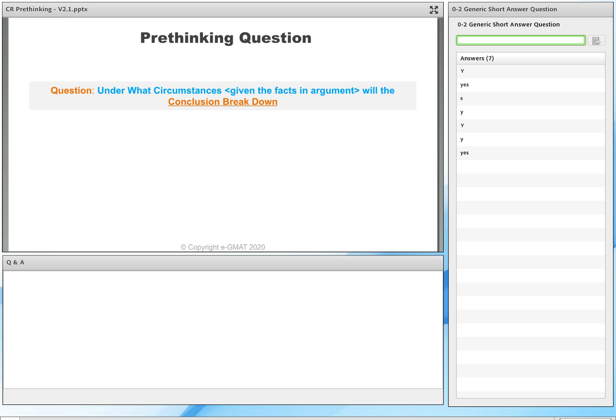So with all of this, even before you get to the pre-thinking question, you have to have this level of clarity. Once you have it, let's look at the generic pre-thinking question and translate that, the skill of translation being really important, into the context of this argument. The pre-thinking question was: under what circumstances, given the facts in the argument, will my conclusion break down?